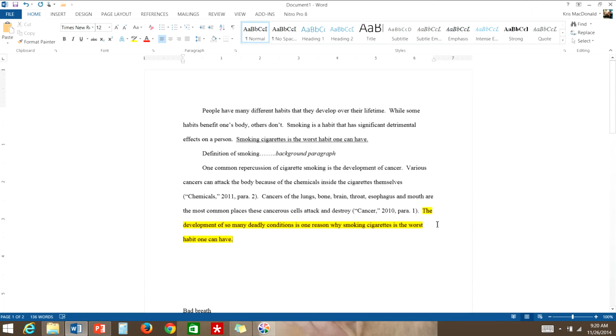So, this thing at the end of the paragraph is called the tie to thesis. Every single time you write a body paragraph and you inform the reader about your topic, it's going to be this sentence that's kind of like the money shot that reminds your reader exactly what your point is.